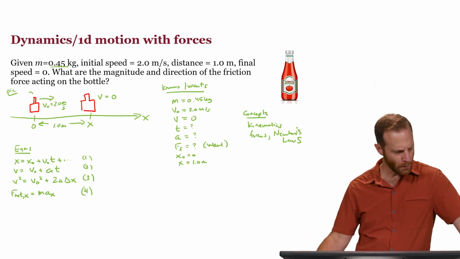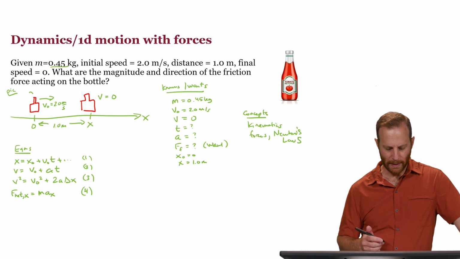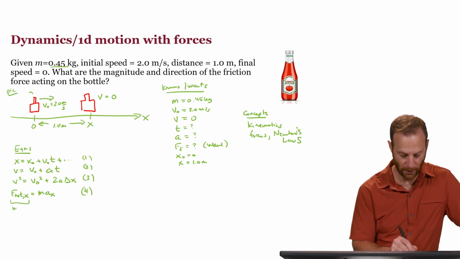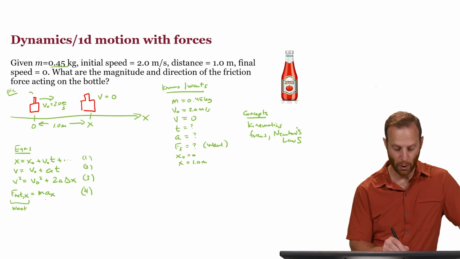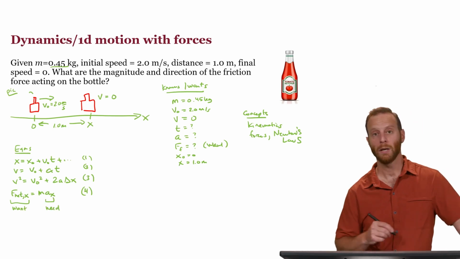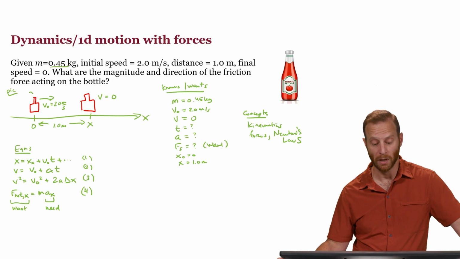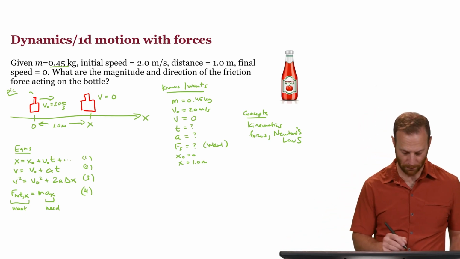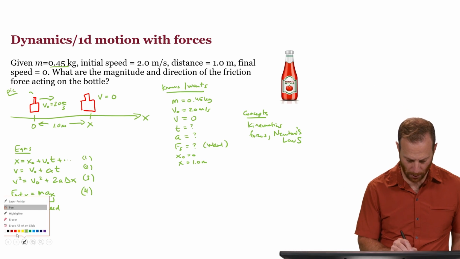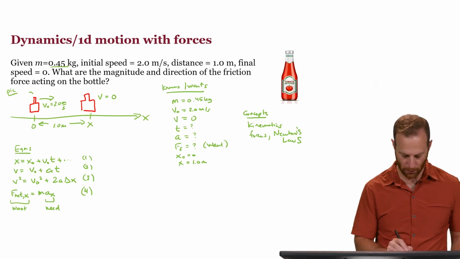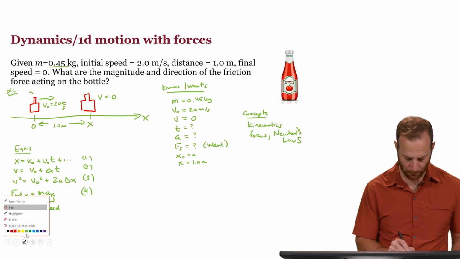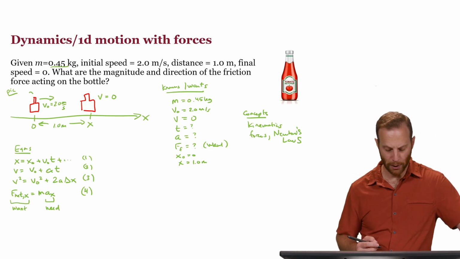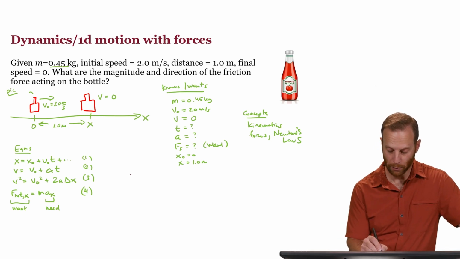To figure out anything to do with force, which is contained in the net force, we need to know the acceleration. That tells us we want to start with kinematics. Let's switch colors to dark red and begin our numerical analysis. We can solve for the acceleration most easily using equation 3.